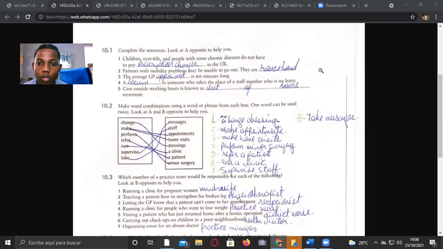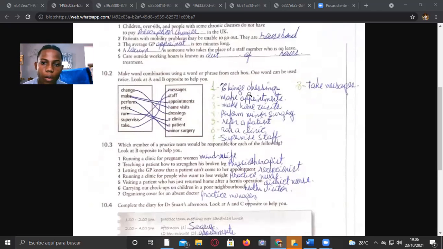They are housebound. The average GP's appointment is 10 minutes long. A locum is someone who takes the place of a staff member who is on leave. Care outside working hours is known as out-of-hours treatment.